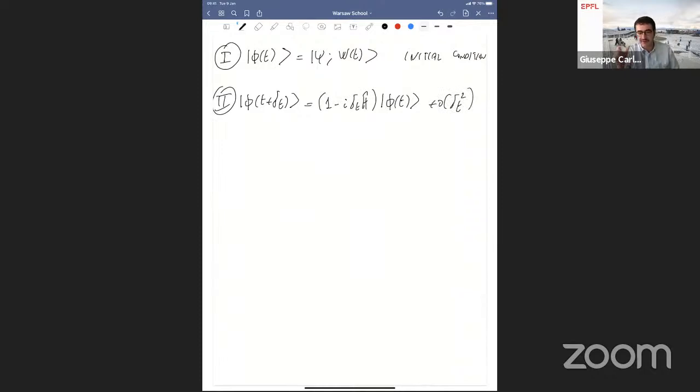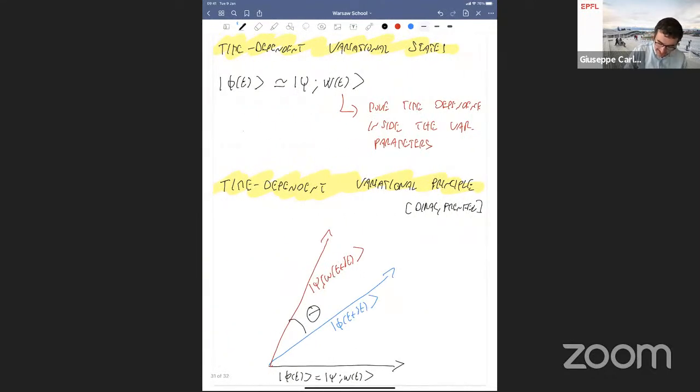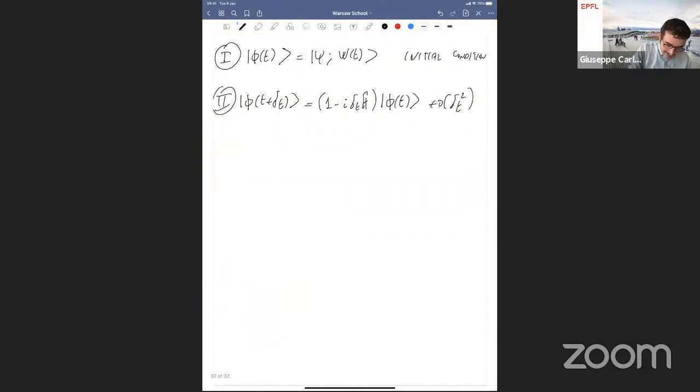I just linearized e to the minus i delta t H, rewriting the infinitesimal form of the Schrödinger equation. So this is the exact time evolution, the blue vector in this picture. However, the approximate time evolution will happen because my weights, my parameters, will have some dynamics.